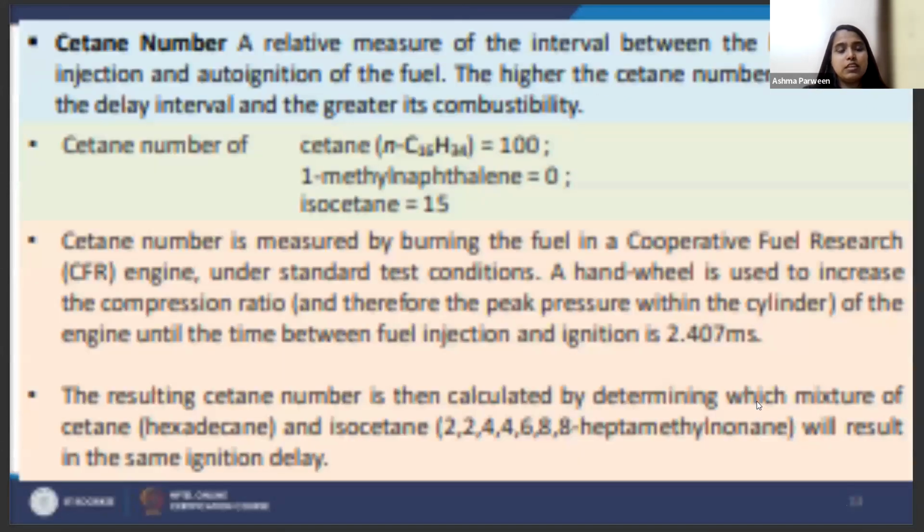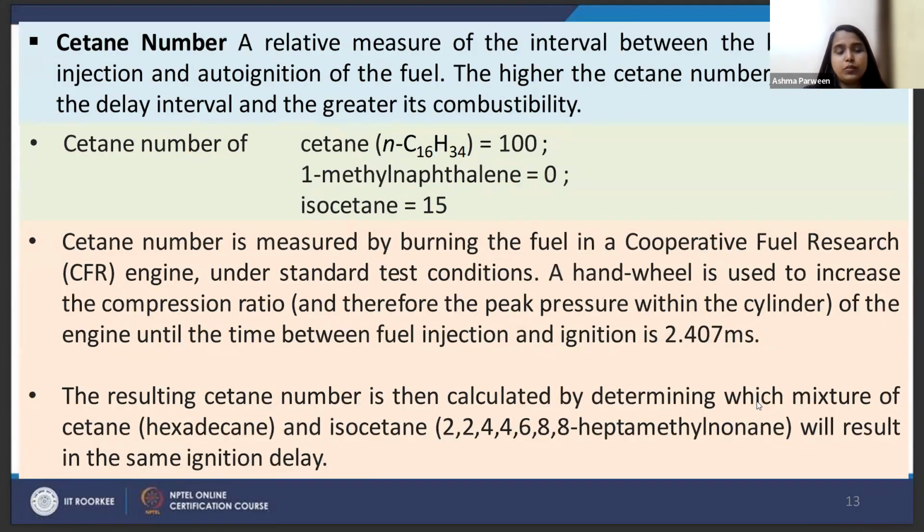Next is the cetane number. It is one of the very important properties for use of any fuel for combustion. The higher the cetane number of the fuel, the shorter the delay interval and the greater its combustibility. If a fuel has a high cetane number, there will be very little delay between the beginning of injection and auto ignition of the fuel, and it will give greater combustibility.